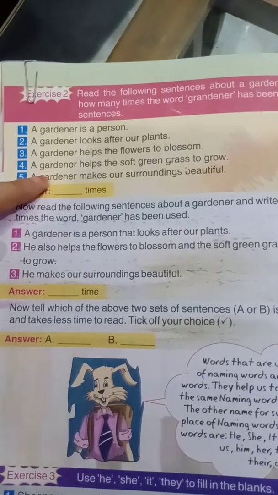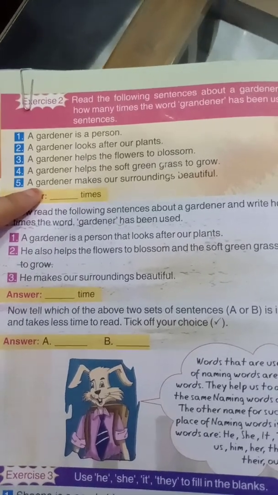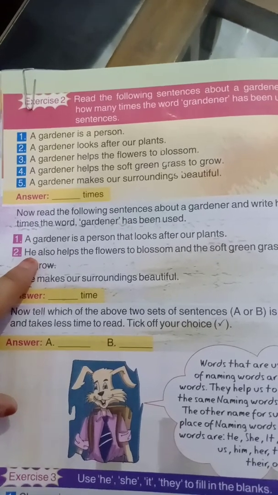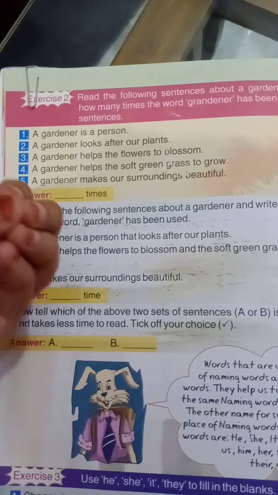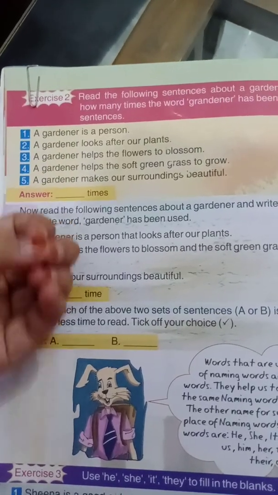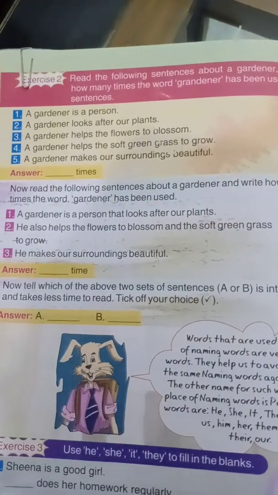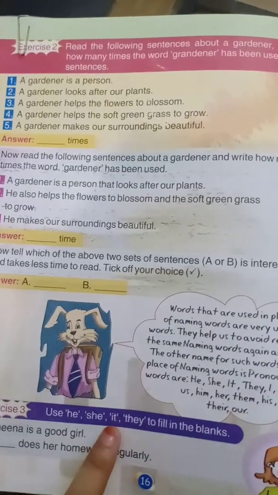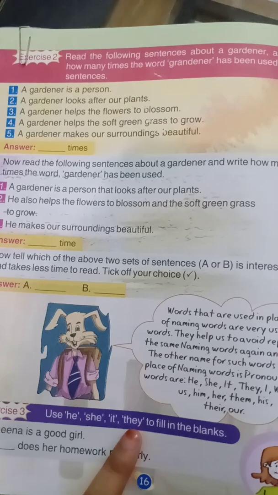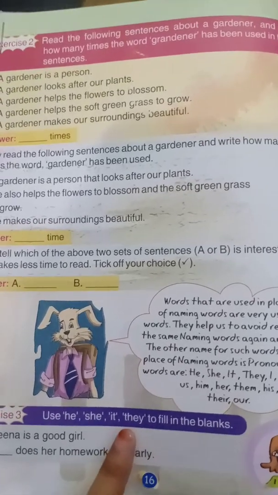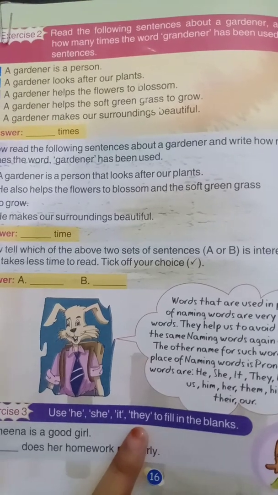So gardener is a male person, so here we will write he. But if there is a female person, a girl or woman, we will write she. If there is a non-living thing, then we will write it. And if there are more than 2 or 3 persons or things, we will write they.